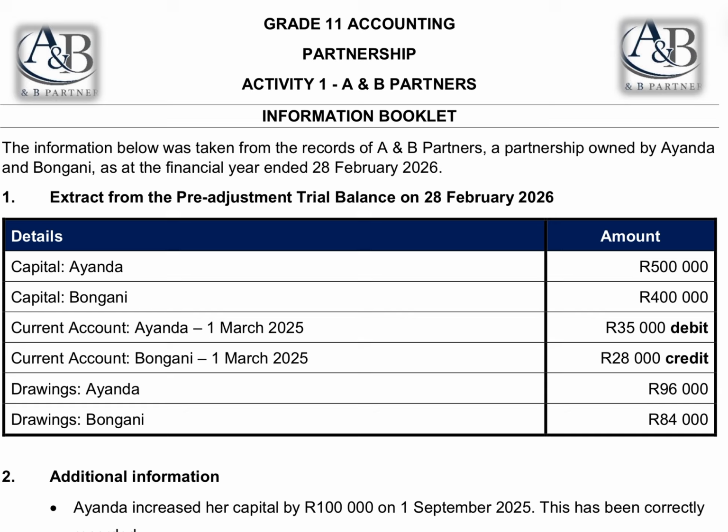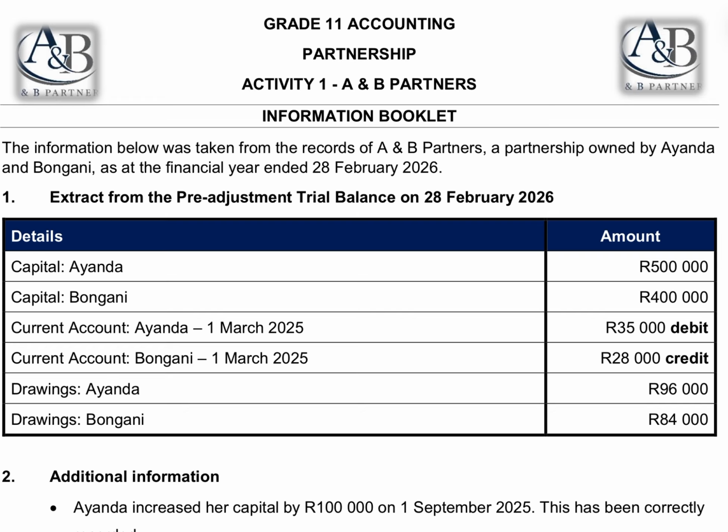In this video we are only going to focus on the capital note, and in the next video we are going to use this same information to complete the current account note. So make sure you understand this part properly, because the capital balances will also help us when we calculate interest on capital in part 2.